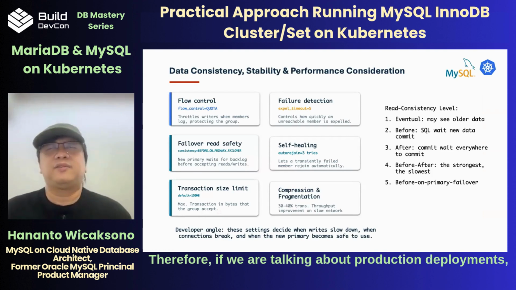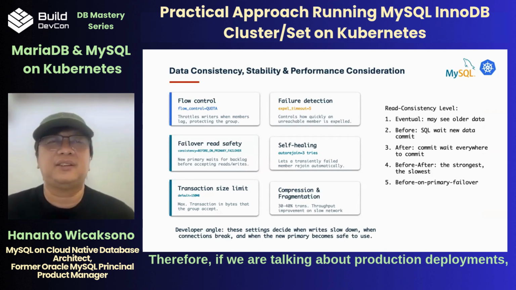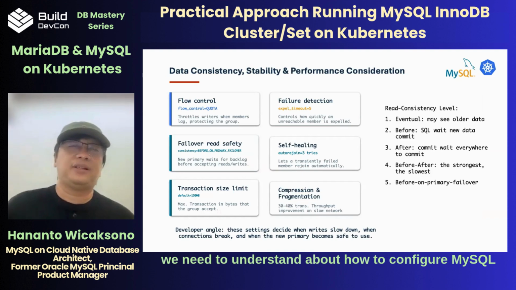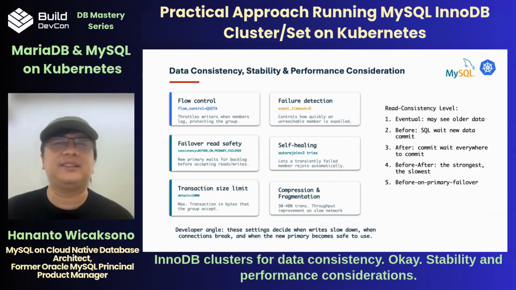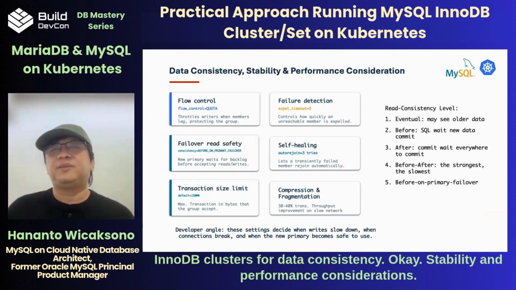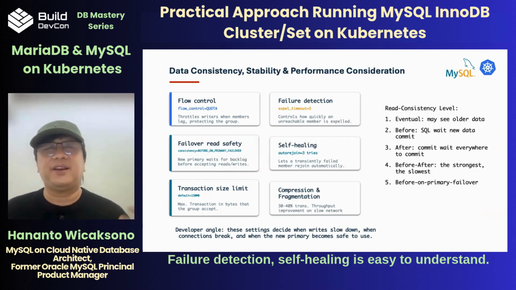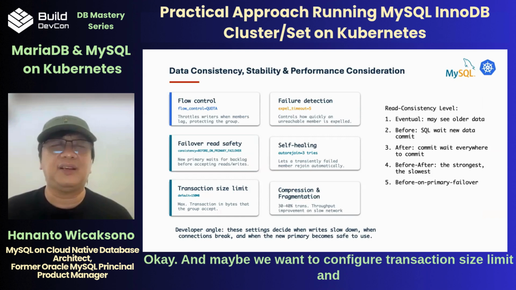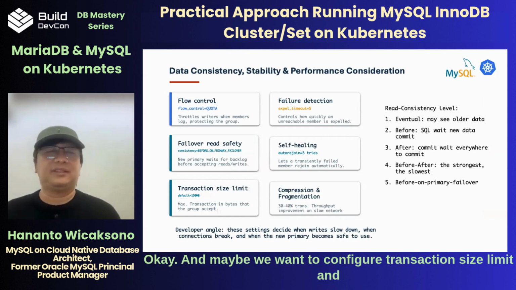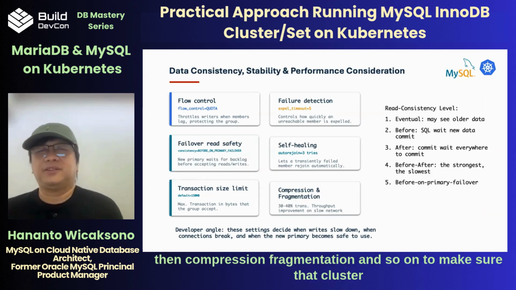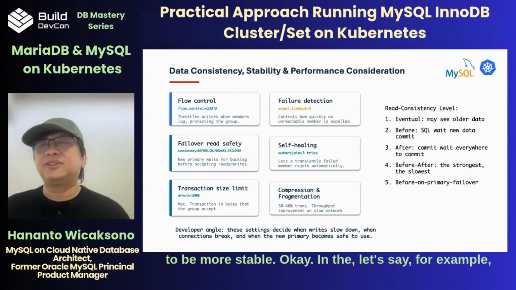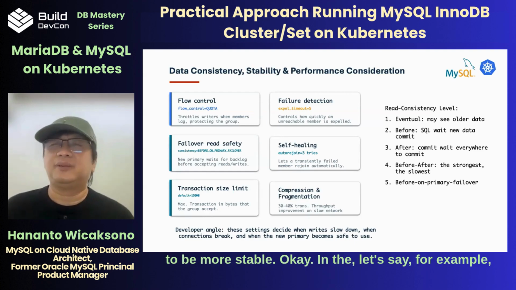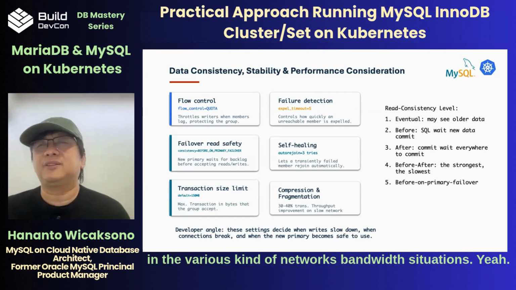Therefore, if we are talking about production deployments, we need to understand how to configure MySQL InnoDB clusters for data consistency, stability, and performance considerations. Failure detection and self-healing are easy to understand. And maybe we want to configure the transaction size limit, and compression, fragmentation, and so on, to make sure the cluster is more stable, for example in various network bandwidth situations.